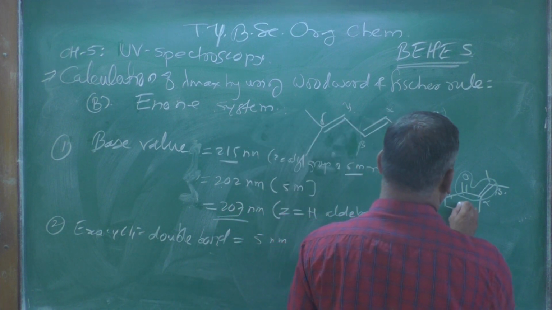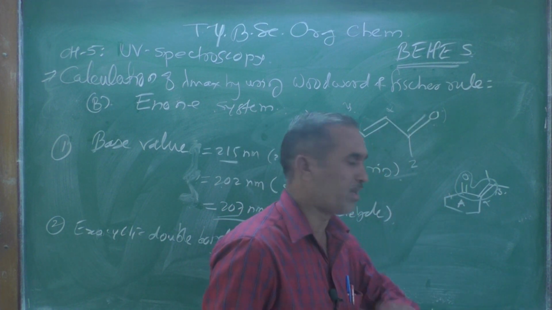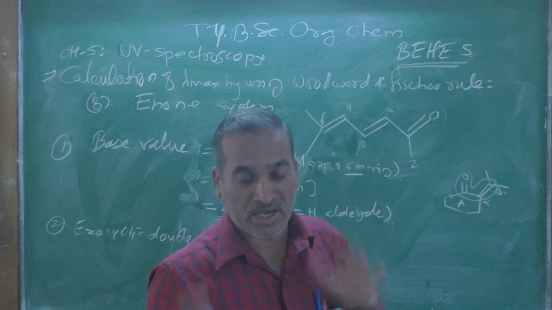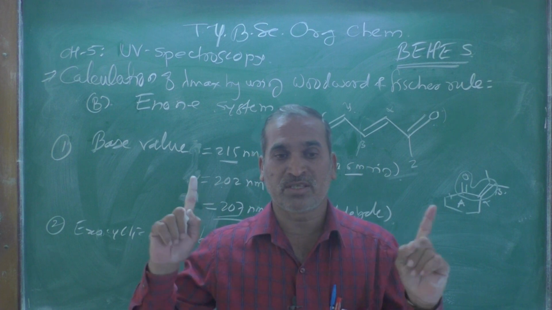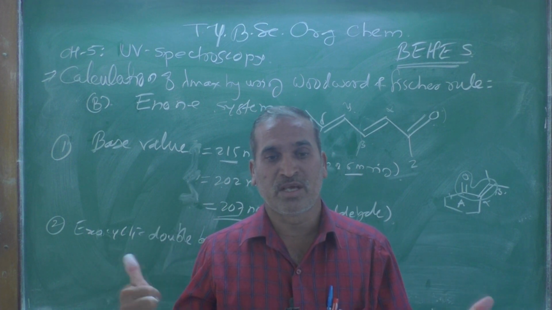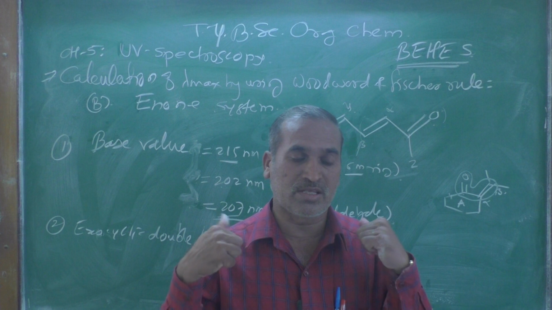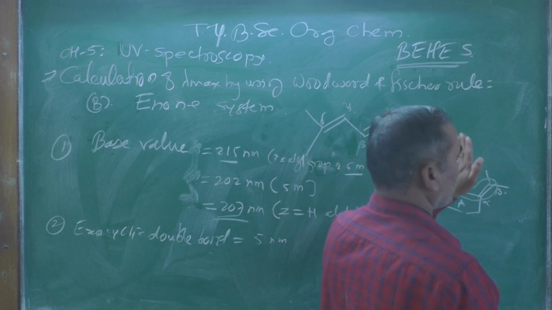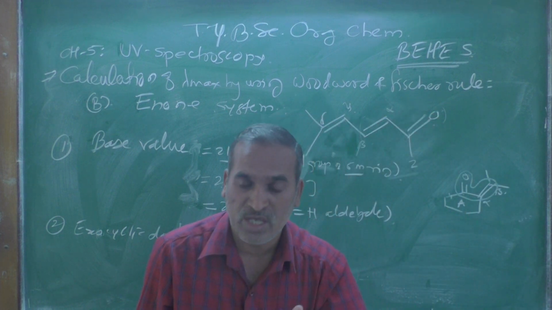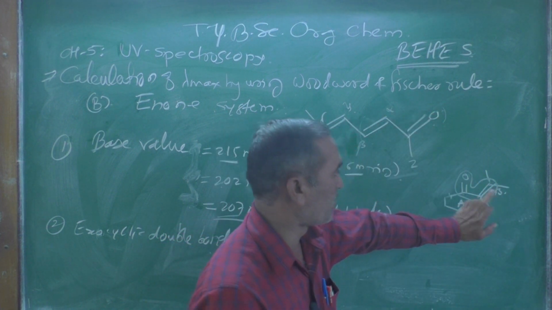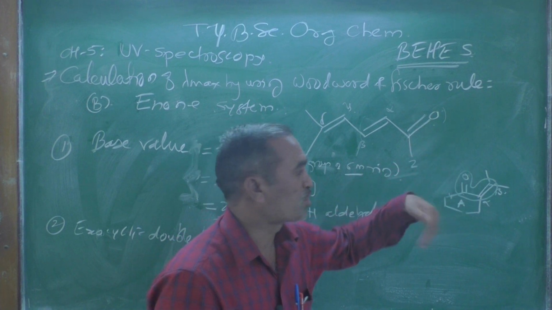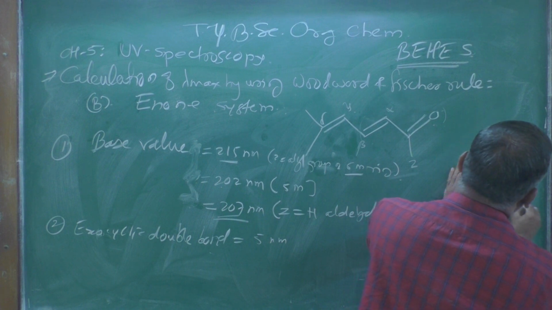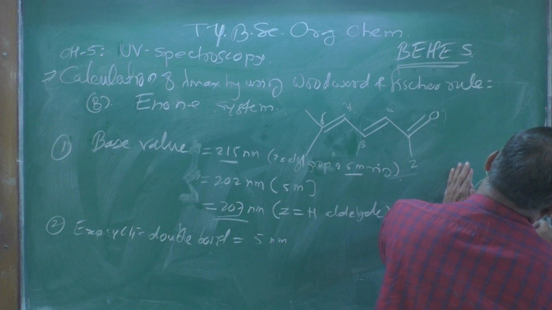Does this compound contain an exocyclic double bond? Yes. This is only one ring, and you look at this, the carbonyl is outside the ring. The carbonyl group is never inside the ring, it is always outside the ring, and therefore don't count it as an exocyclic double bond. Exocyclic double bond, excluding the carbonyl group, if you look at this one, this is an exocyclic double bond.